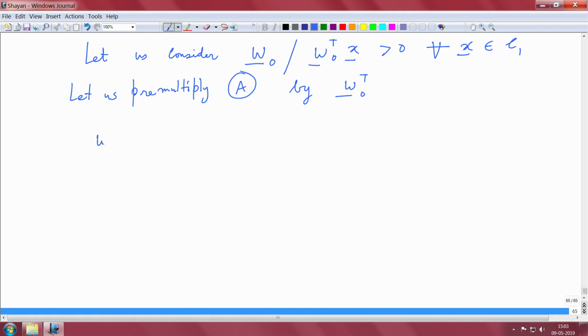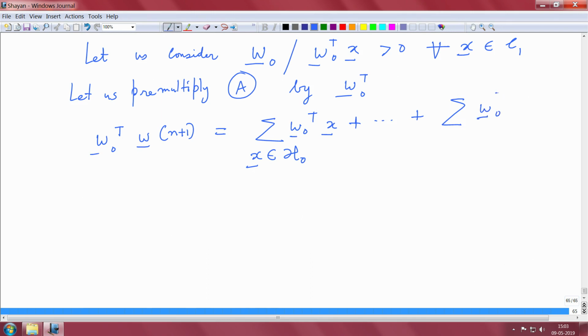So, what we get is W naught transpose W of n plus 1 equals sigma W naught transpose x for all x belonging to this set H 0 plus dot dot dot summation of W naught transpose x for x belonging to H n, right.